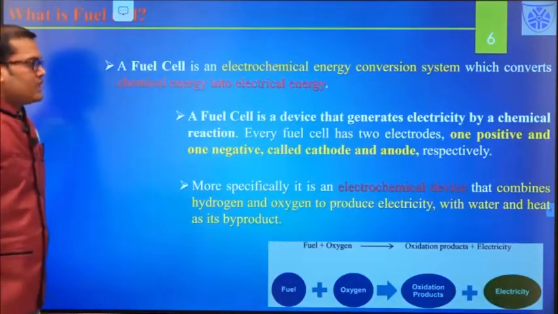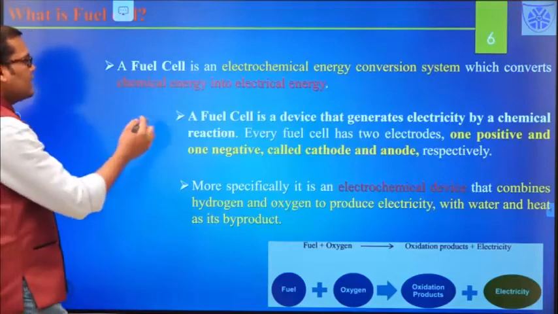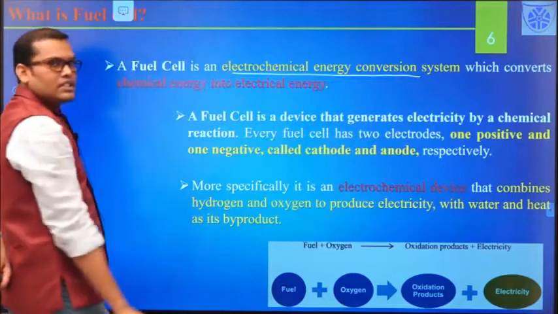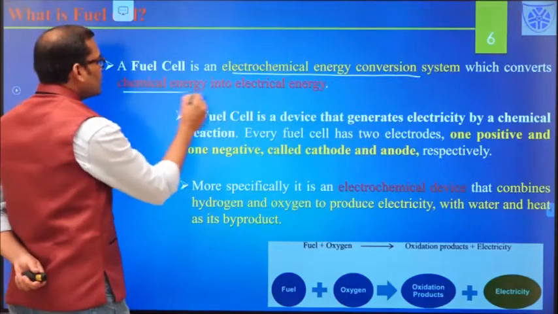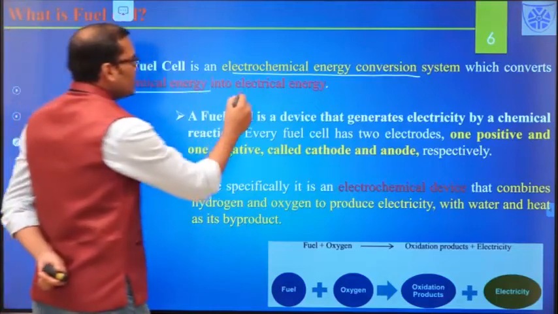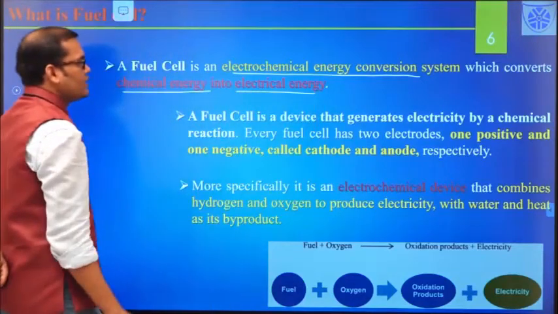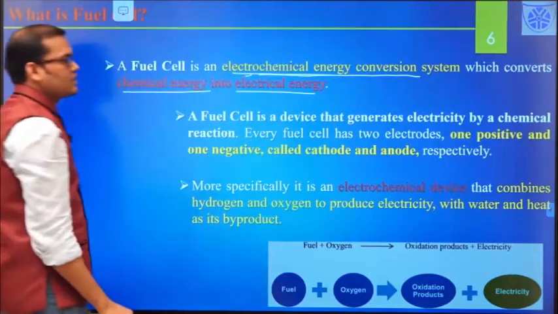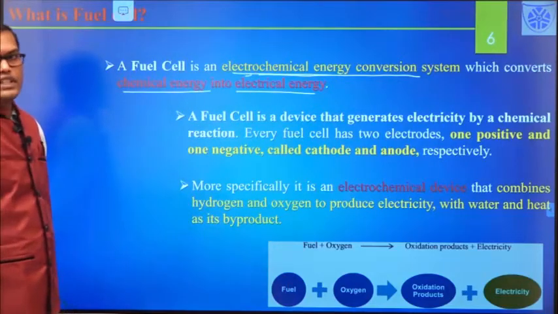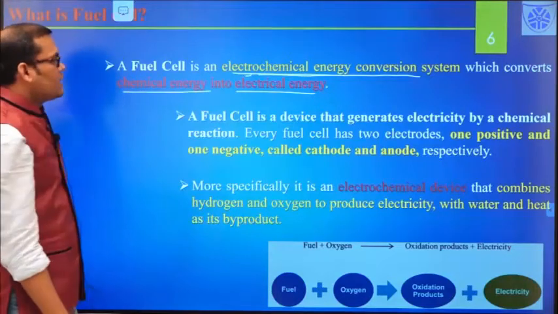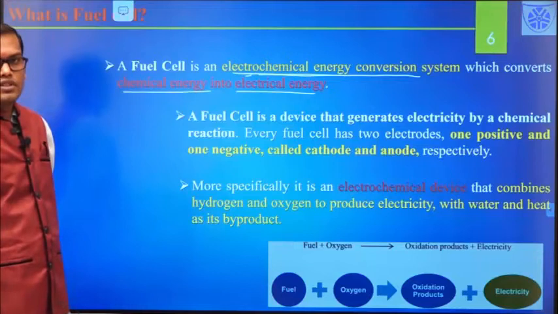So what is a fuel cell? A fuel cell is an electrochemical energy conversion system which converts the chemical energy stored in the fuels and the oxidants into electrical energy, right? So let us see first this electrochemical energy conversion system. In the last unit, unit 2, which is basically the electrochemistry unit, we have studied different electrochemical systems, right?